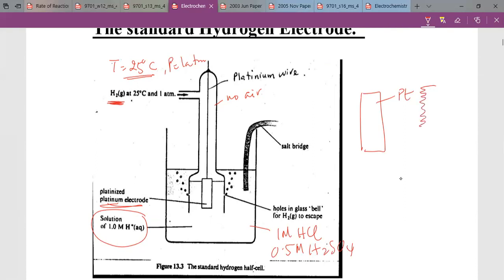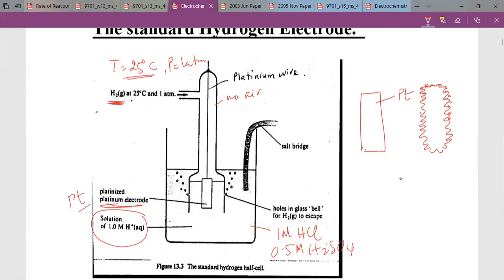So a lot of surface area there. So it's called platinized. As you pass hydrogen gas here, the hydrogen gas can be trapped inside here, plenty. But don't worry, normally just put a platinum electrode.